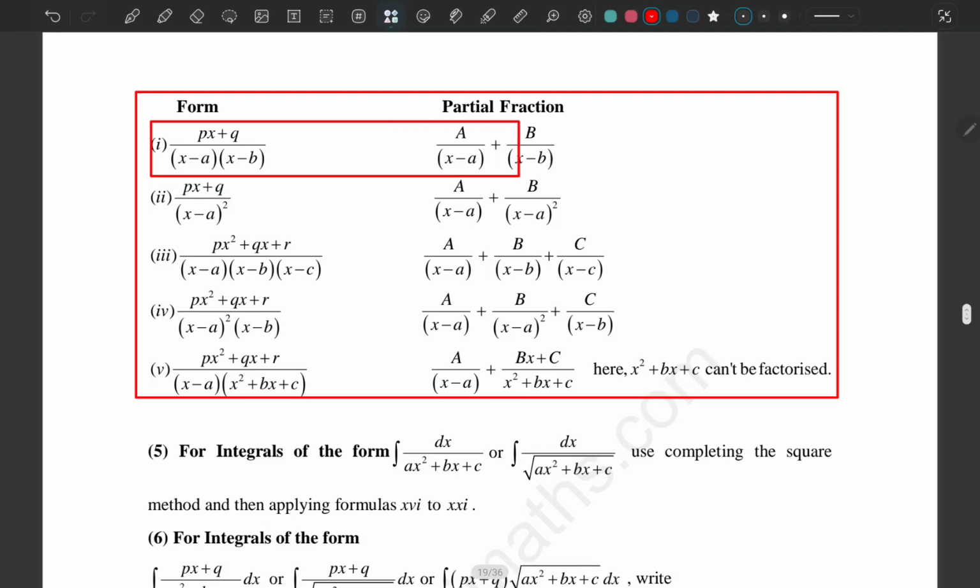Mostly this is going to be used, right? Then px plus q over x minus a times x minus b. You have to write it in this manner, that is A over x minus a plus B over x minus b, and then you have to calculate A and B by comparing, and then you are good to go with your integral, right?